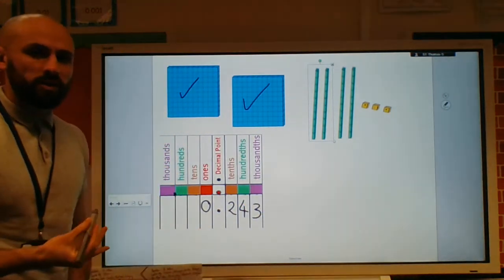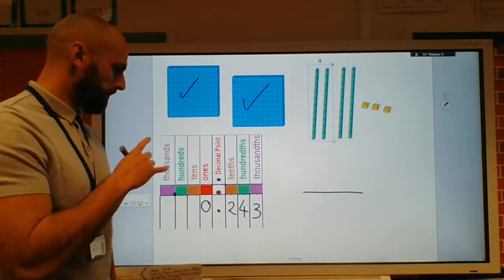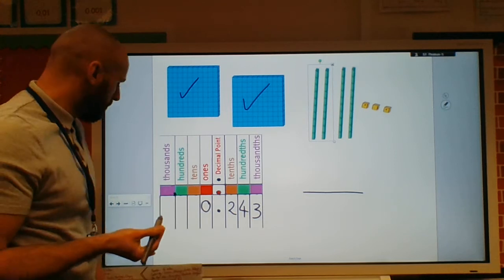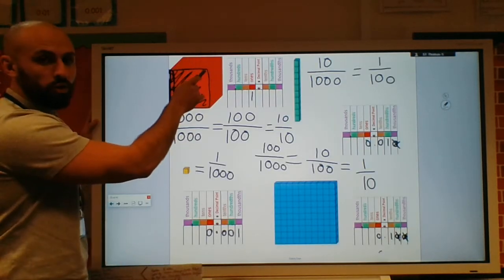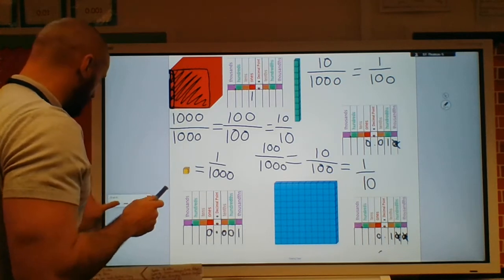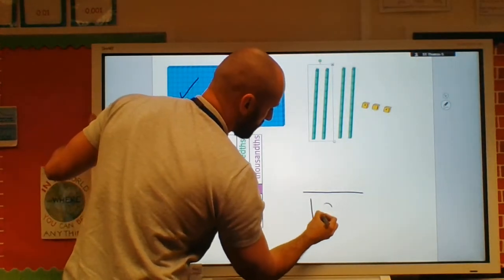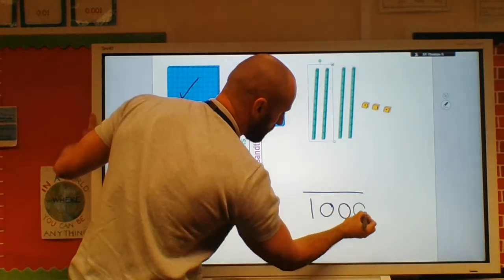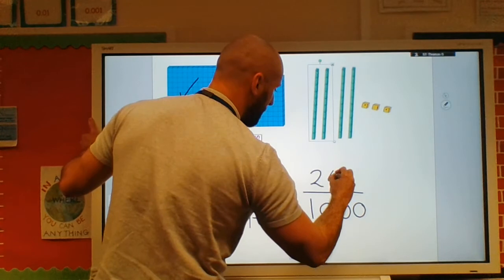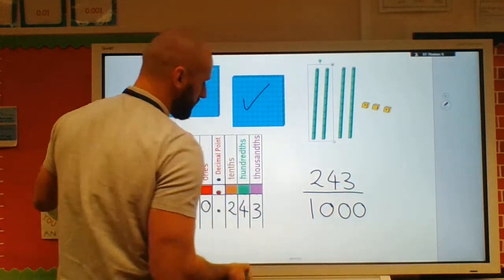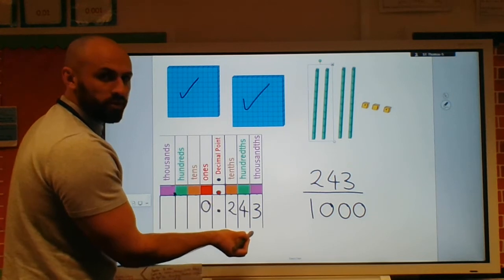So let's write this now as a fraction. Well, what's the whole made up of? Remember, the 1 whole was made up of 1,000 parts. So my fraction's going to be out of 1,000, and I write 243, because I say this as 243 thousandths.